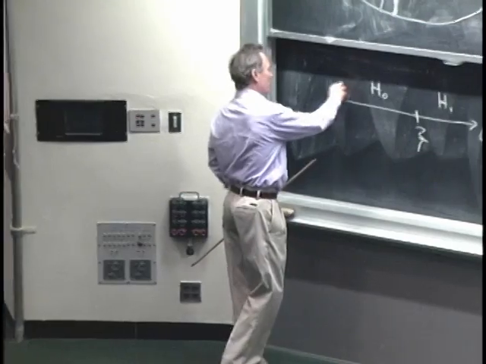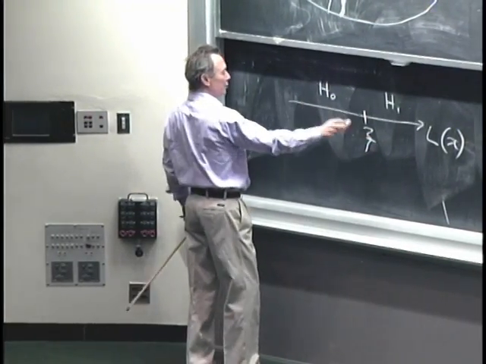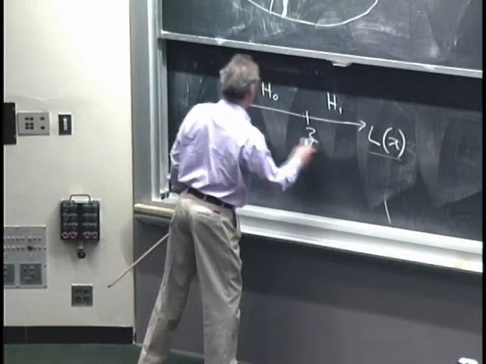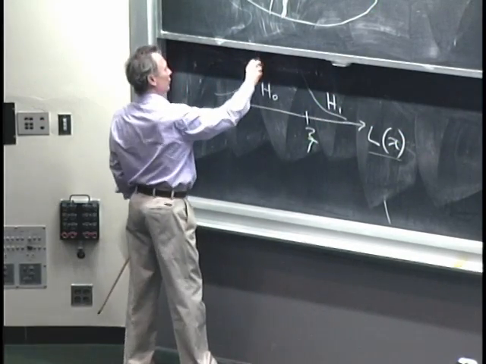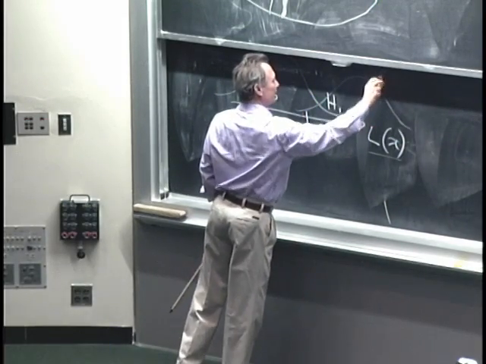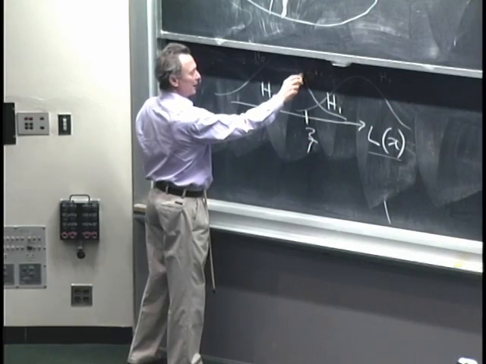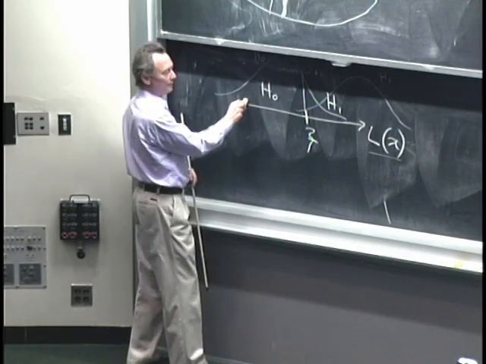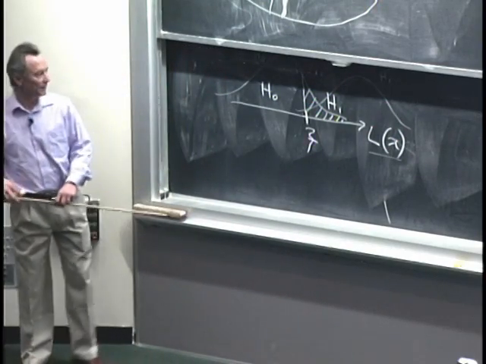But one way of deciding where to place it is the following. Look at the distribution of this random variable, L of x. It has a certain distribution under H0, and it has some other distribution under H1. If I put my threshold here, here's what's going to happen. When H0 is true, there is this much probability that I'm going to end up making an incorrect decision.